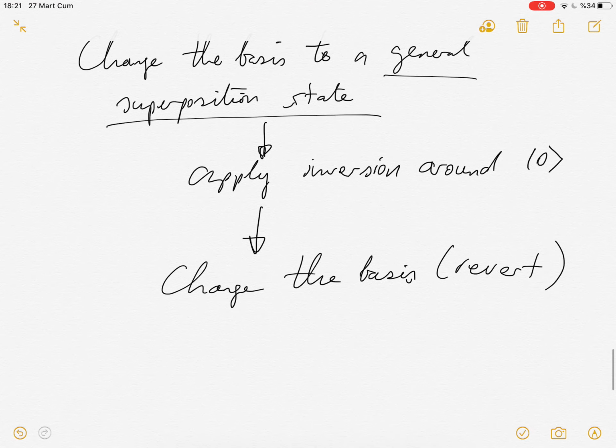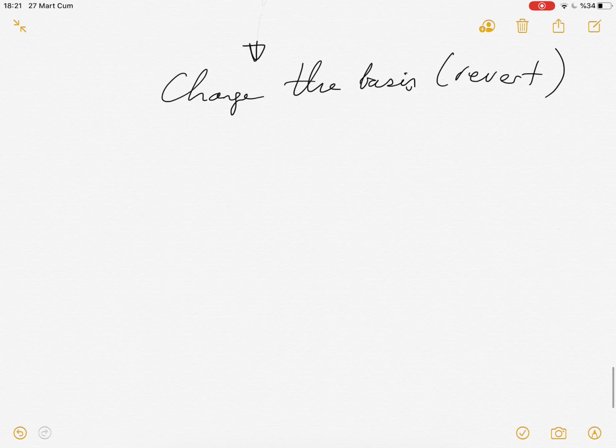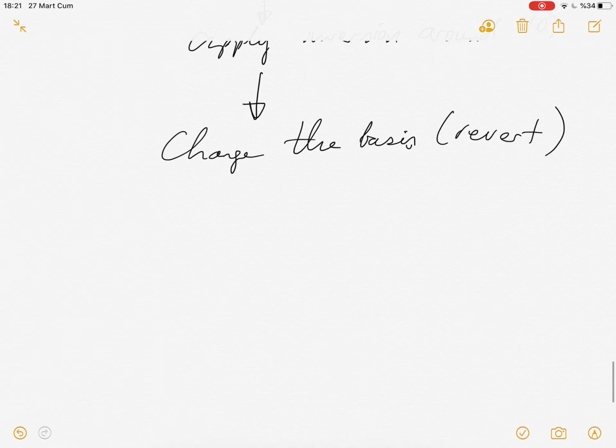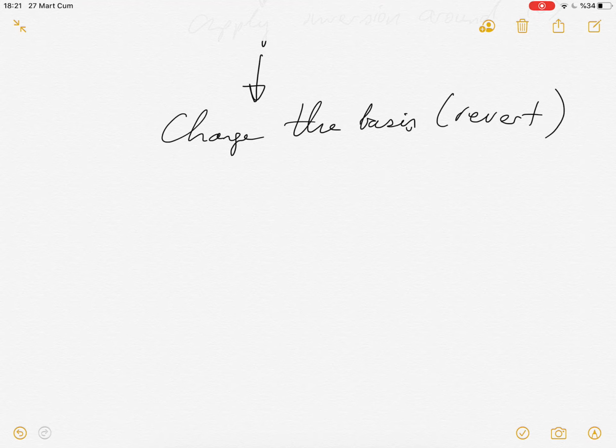All right, so how do we implement an inversion around the state ket 0? We can think of this inversion operator for n qubit states.